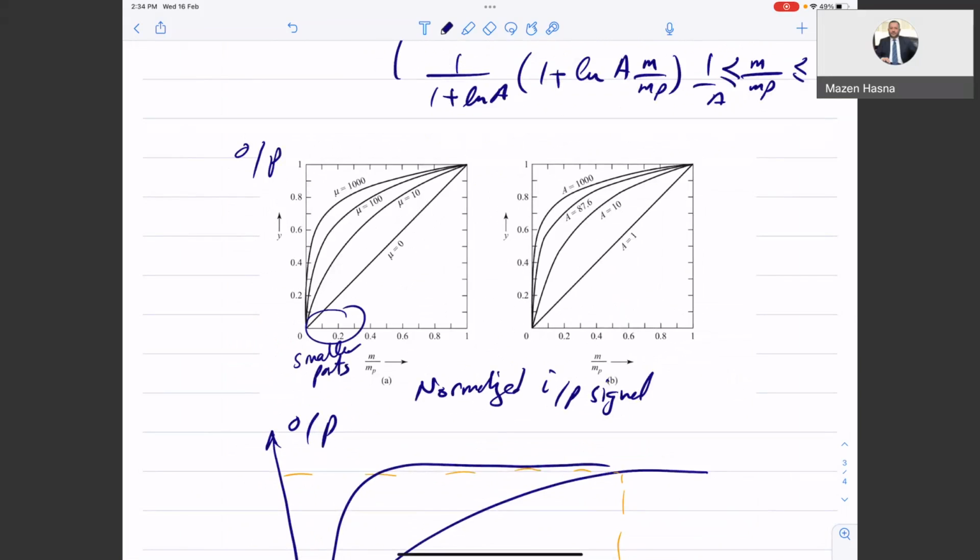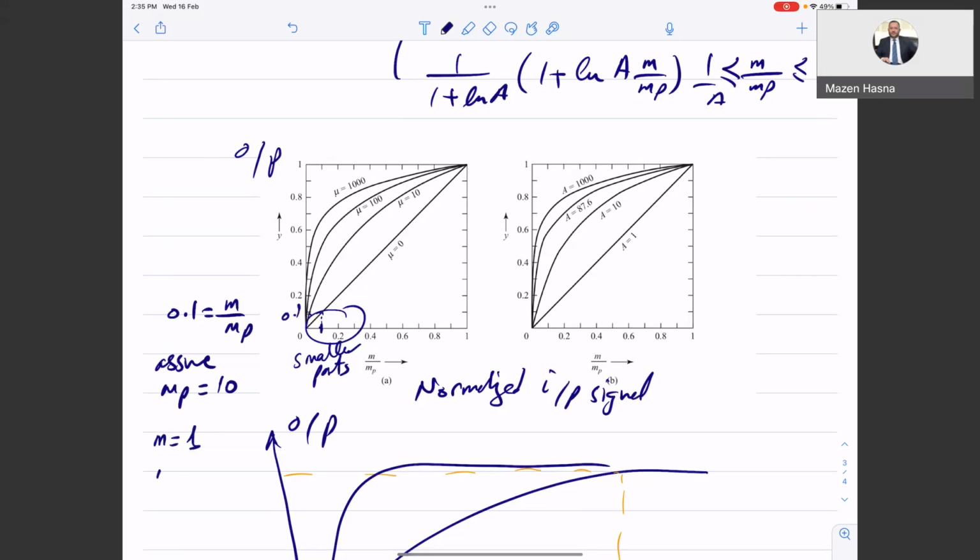When the signal itself is small, you are on this part. So if your current signal is 0.1, then 0.1 equals m over mp. Assume mp equals 10, so the maximum value of the signal is 10. What will be the output if you are not using any compression, mu equals 0? Then the output is 0.1.